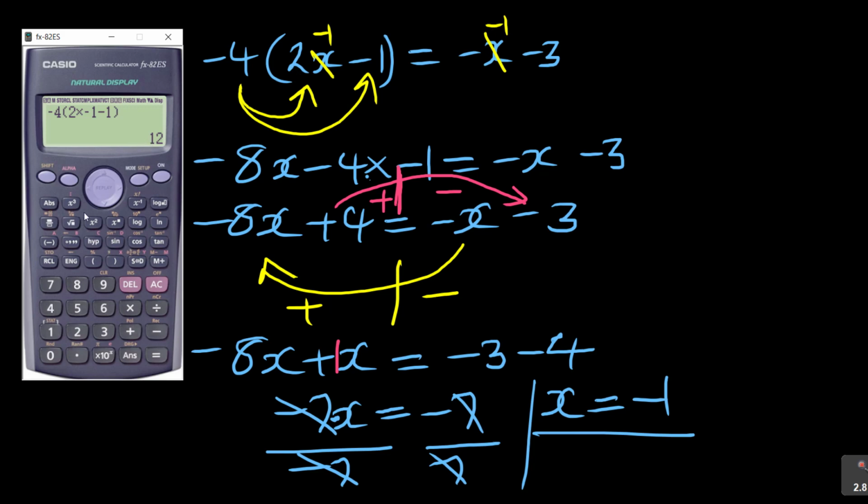Alright, so let's look at the other one here. It's minus on the right hand side times minus 1 minus 3. You see what I get? I think I need to protect that with a bracket.